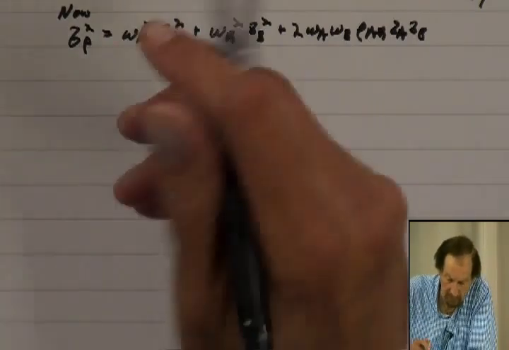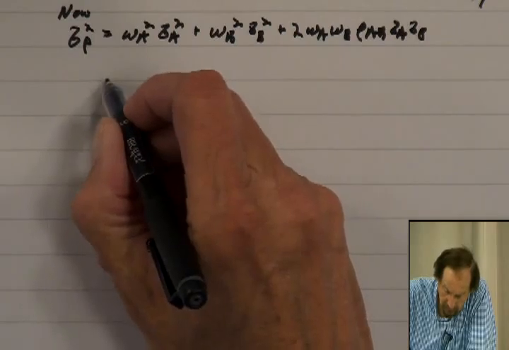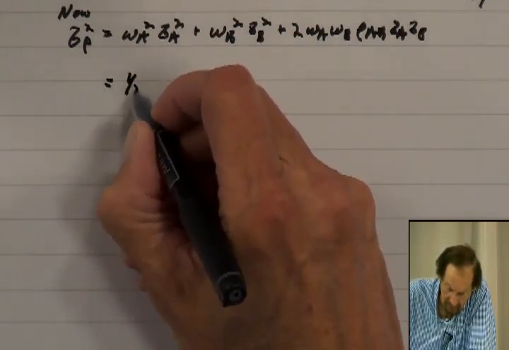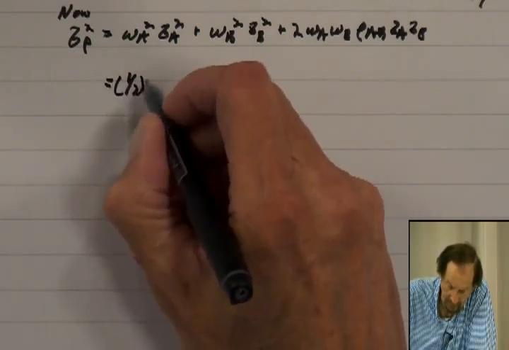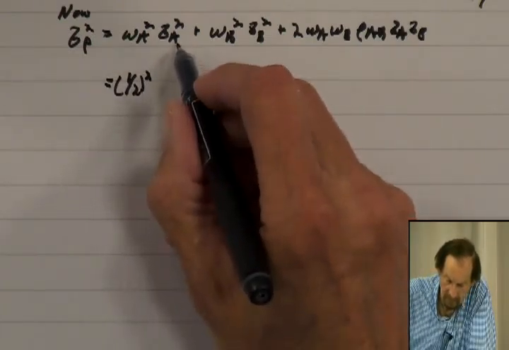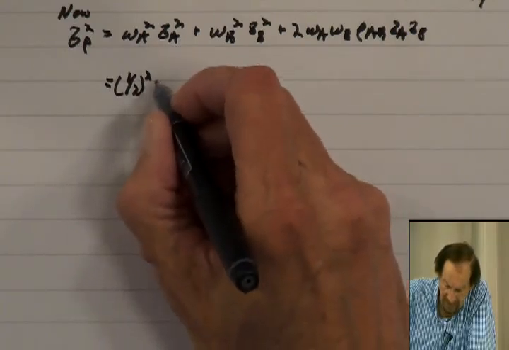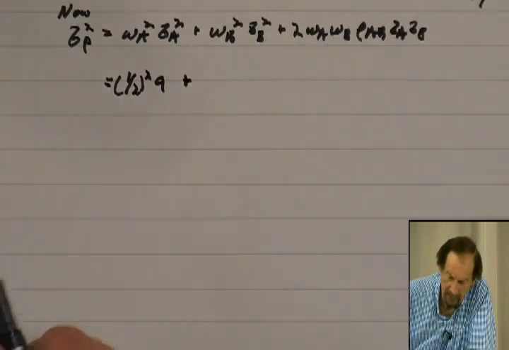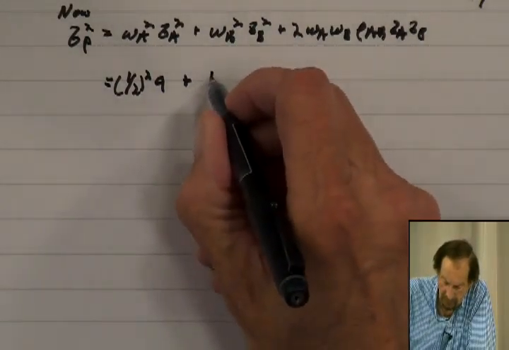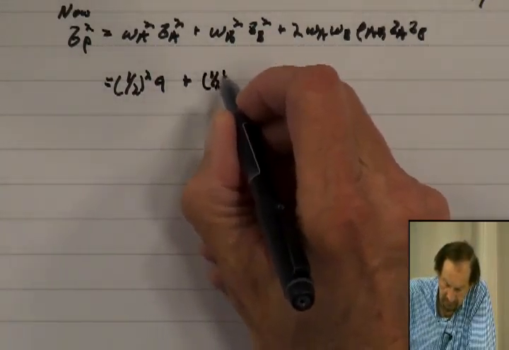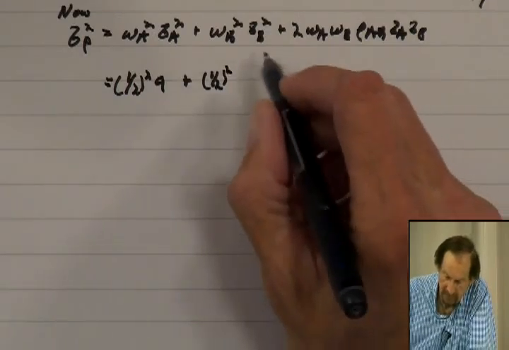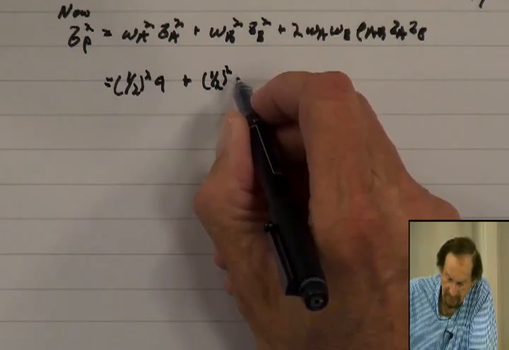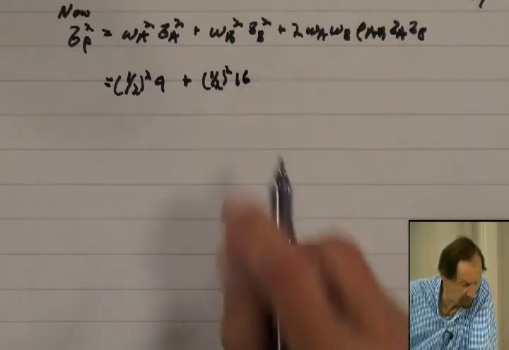So what does this equal? We have an equal part. WA is 1/2, and we square that. Sigma A squared is 9. Plus, WB squared is also 1/2 squared times sigma B squared. Remember, that had a higher variance, and that's times 16 here.